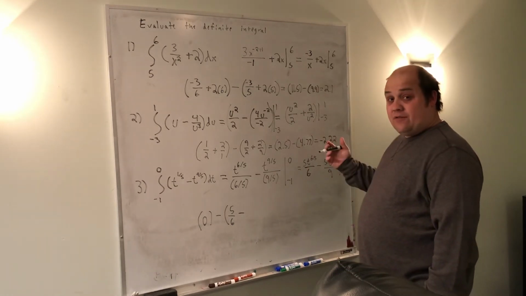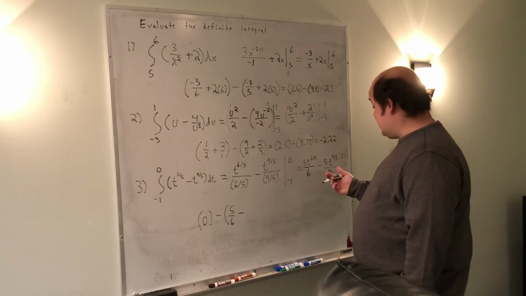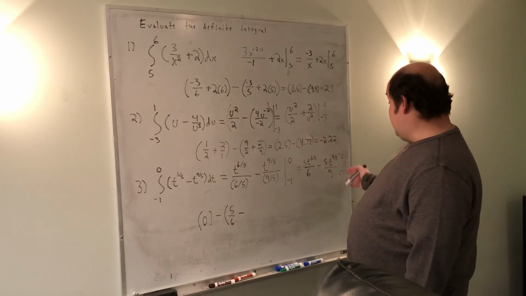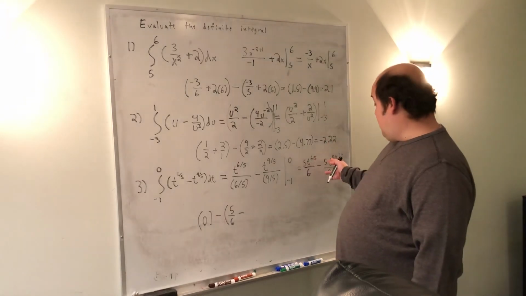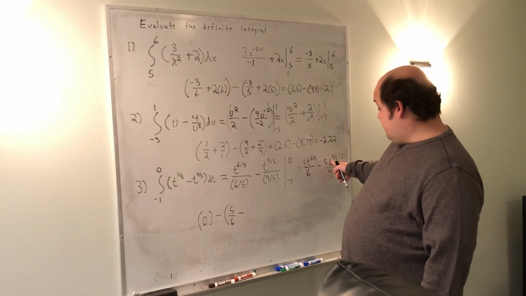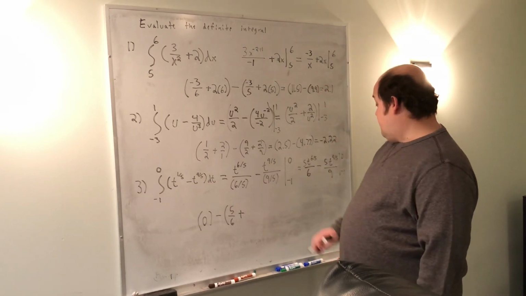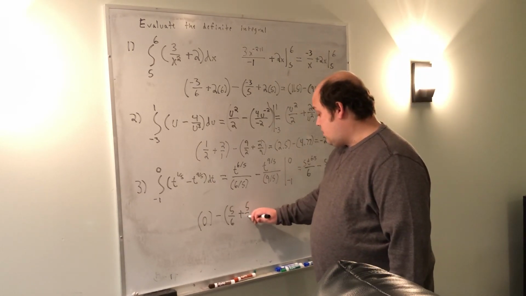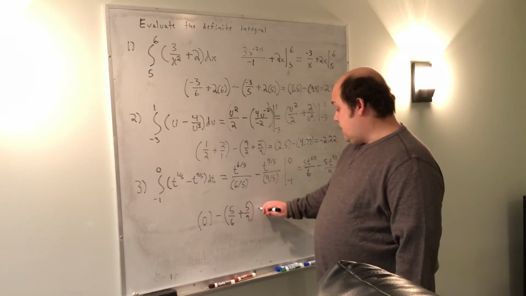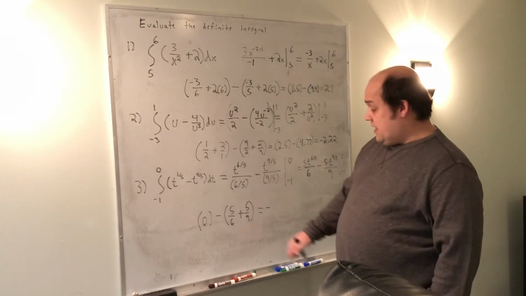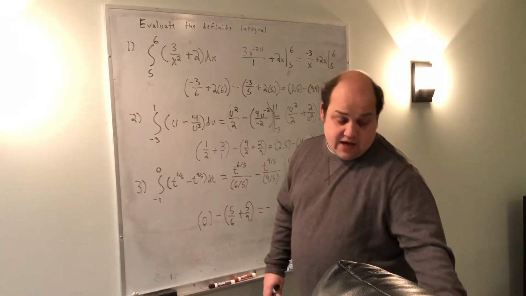If I take the 5th root of something that's negative, it still stays negative. So this becomes a negative 1. Negative 1 is the result of t to the 9/5 times this negative 5 makes it a plus sign. So really, my answer is negative 5/6 plus 5/9.